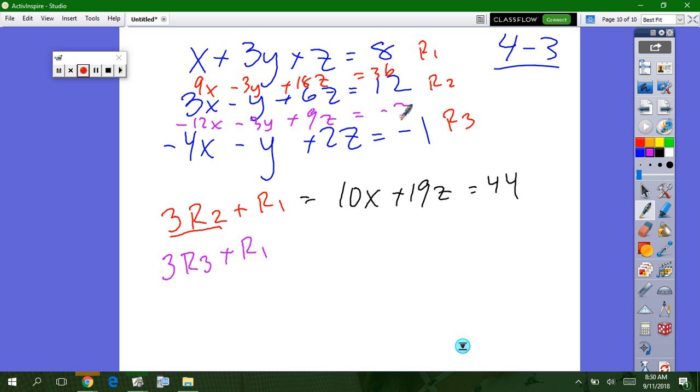Okay, so when I add those together, notice I get x minus 12x. So that's negative 11x, right? With me on that? 3y minus 3y, 0y.